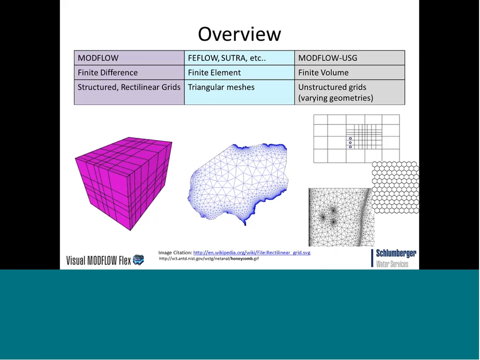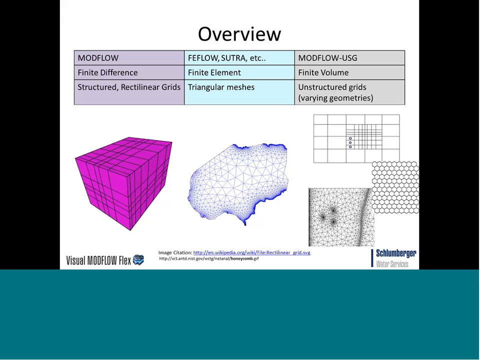So a quick overview of those different simulators and some corresponding illustrations. Most of you are familiar with MODFLOW, which is a finite difference formulation shown on the left, where you're dealing with structured rectilinear grids. Finite element models such as FEFLOW, SUTRA, and others are working strictly with triangular meshes, and the example is shown on the bottom of the screen in the middle.